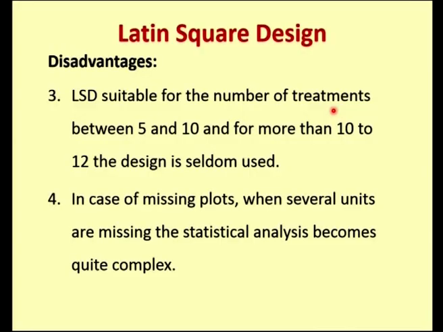So, the analysis could be more complicated, and it is suitable for the number of treatments between 5 and 10, and for more than 10 to 12 the design is seldom used. In case of missing plots, when several units are missing, the statistical analysis becomes quite complex.